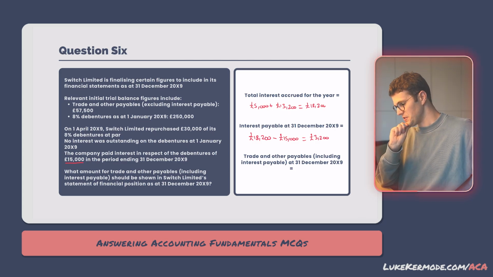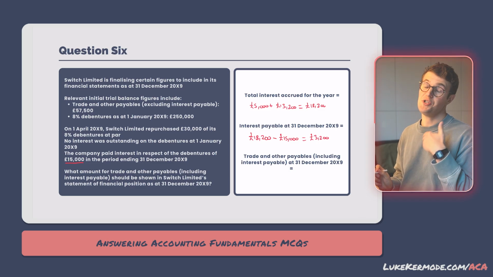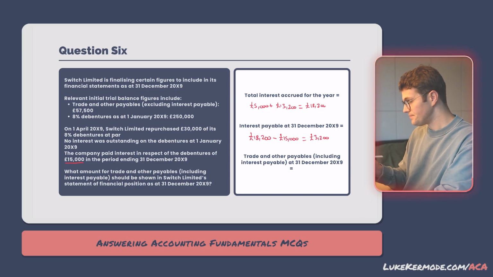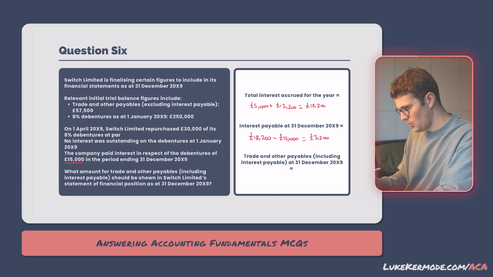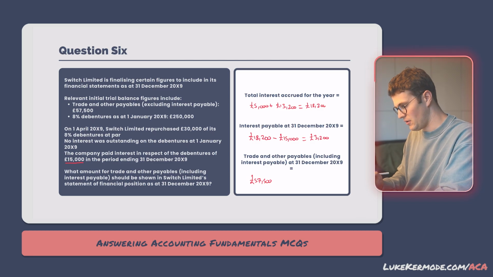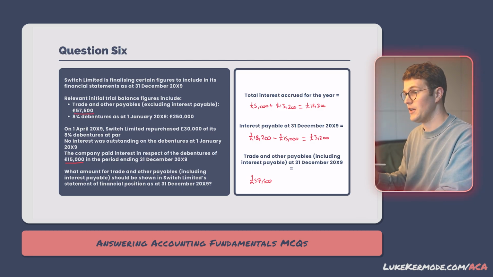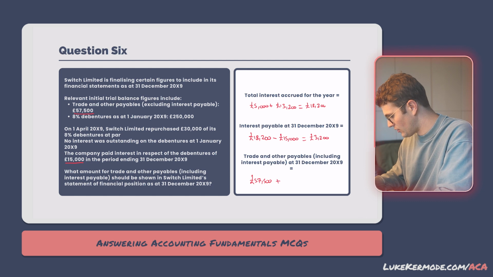And remember that the question asks us to calculate the trade and other payables amount at year end, which includes the interest payable. So to do that, we take the £57,500 worth of trade and other payables, which we were given in the initial trial balance.